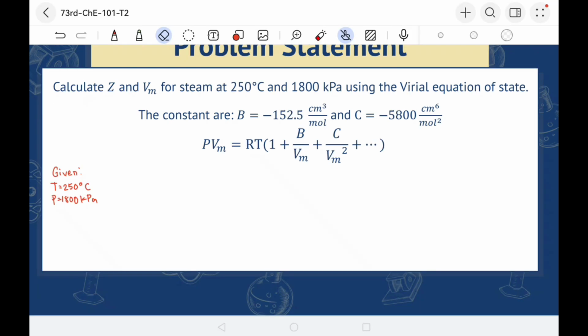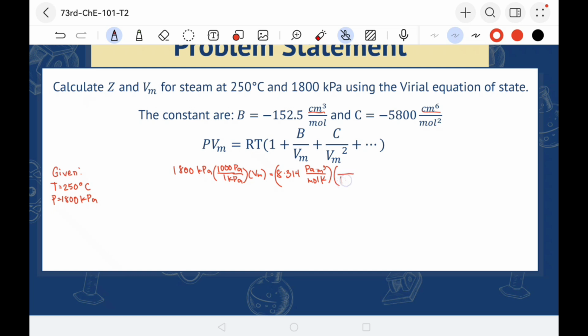To solve this problem, let us input our givens. For pressure, we have 1,800 kilopascals, but we can convert this to pascals so that things will cancel out later, which is 1,000 pascals per 1 kilopascal, times Vm equals R with a value of 8.314 pascals meter cubed per mole Kelvin, but we must also convert this to centimeters cubed, as R given is in meters.